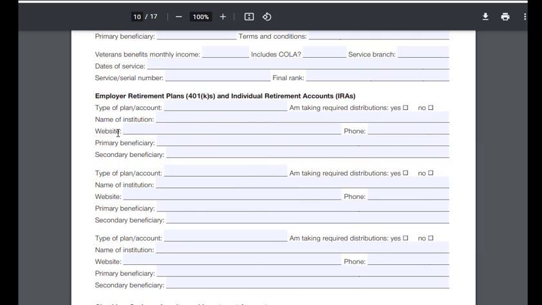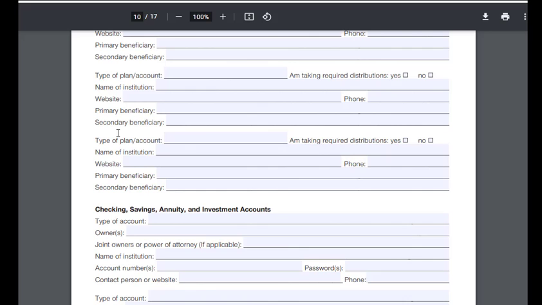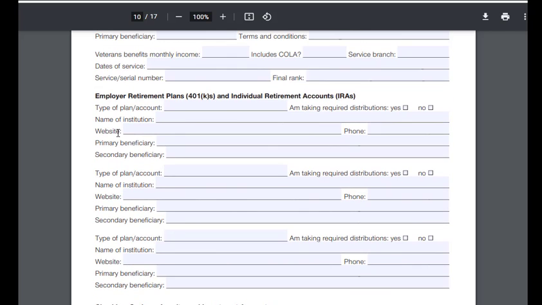I only see there's 3 spaces, and I would need more than that because I have a 401k from a previous employer that I've left there because it's doing pretty well. Well, not right now, but previously to this market, it was doing well. And I also have IRA accounts as well.